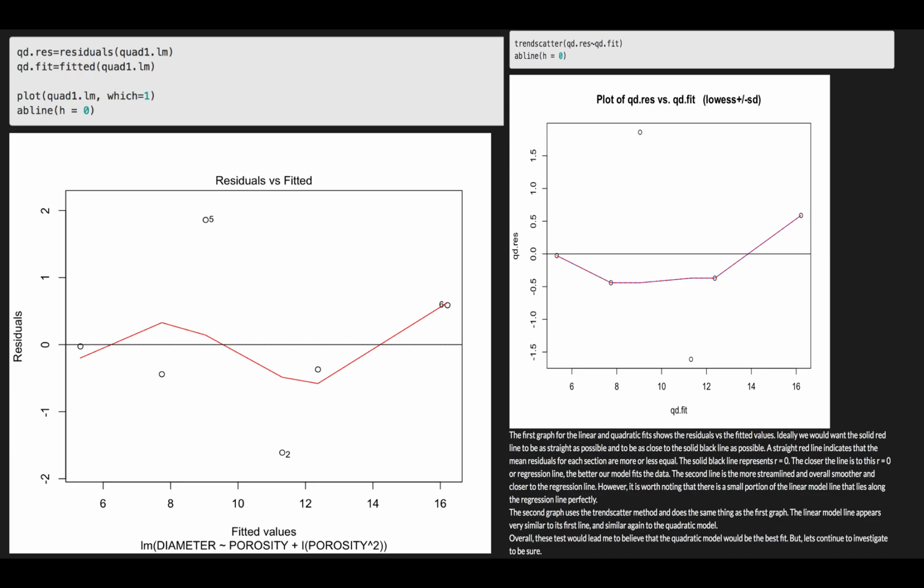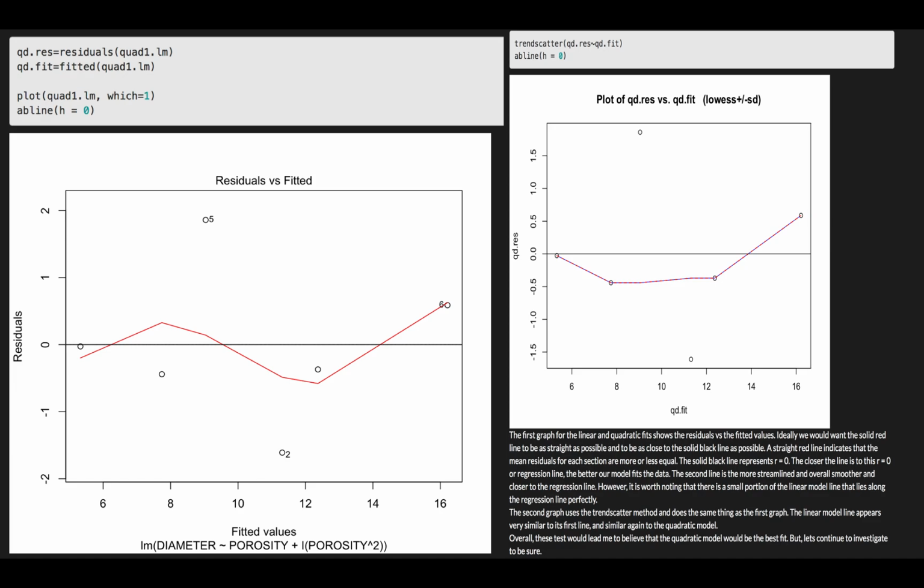As we can see between these two, the quadratic is obviously the straighter and better fit. It is both straighter, smoother, and closer to the regression line over a greater portion of the plot. The second graph on each of these pages does the exact same thing as the first. It plots the residuals and the fitted values, but it uses the trend scatter as we used earlier.